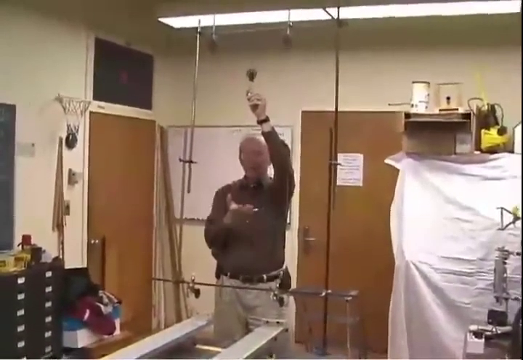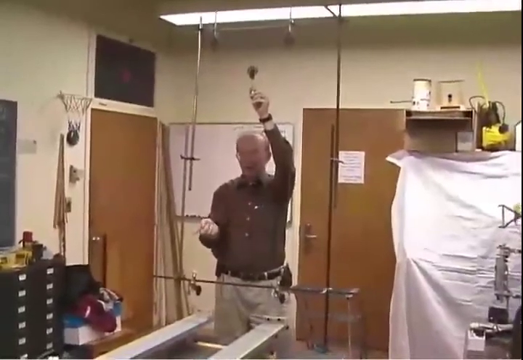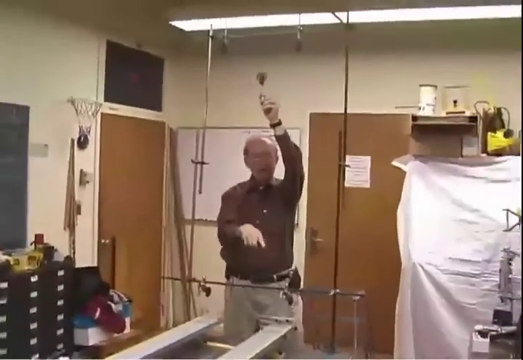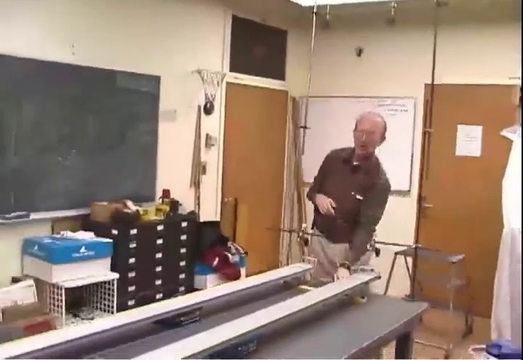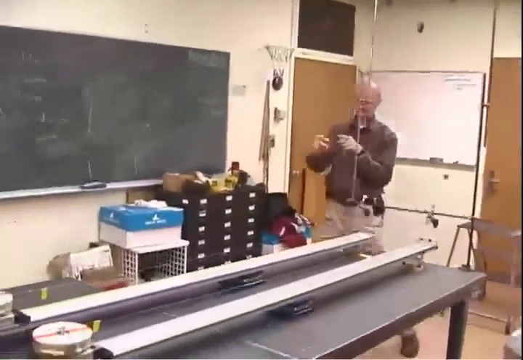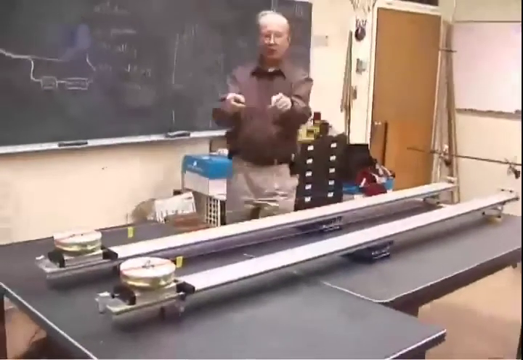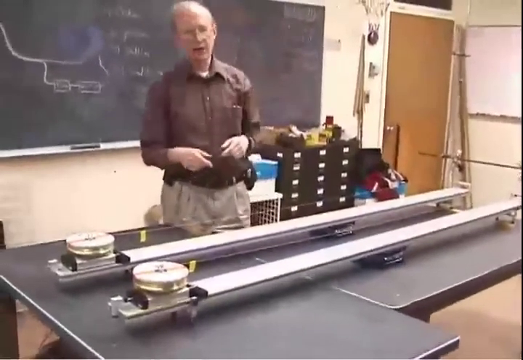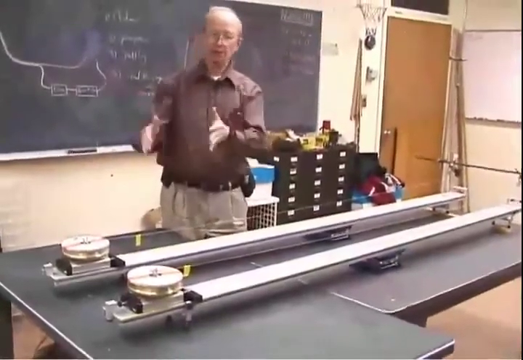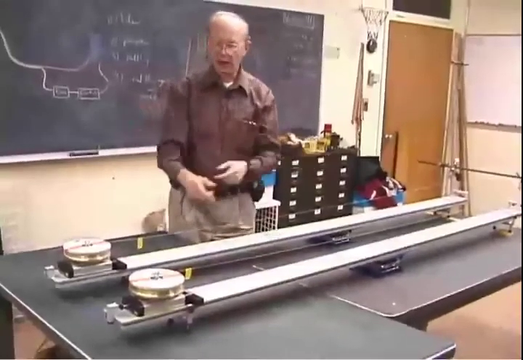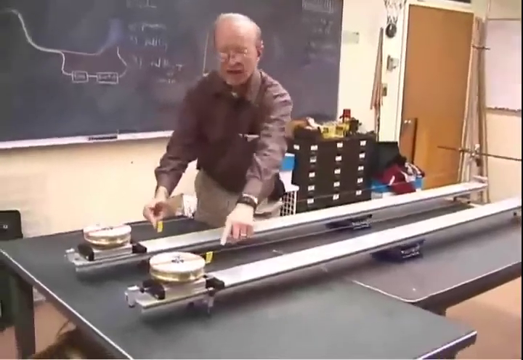This arrangement assures that the force in that string and the force in that string are exactly the same. So we've contrived a situation where we're applying the same force to both of these pucks, one pulled from the center, one pulled from the edge. And so we'll want to see what happens to the motion of the pucks and also to how the little tags on the strings move.